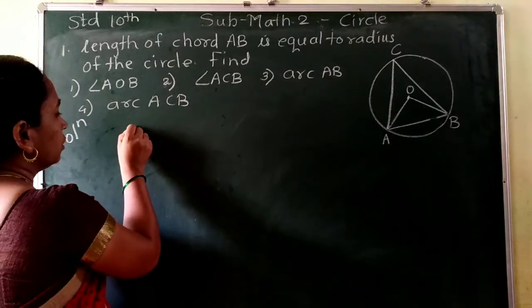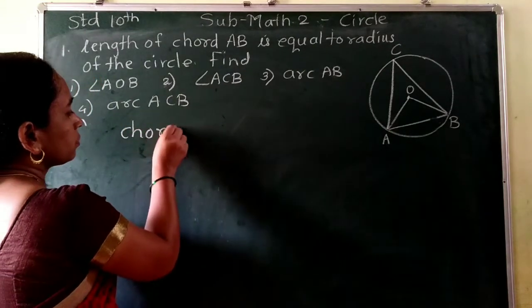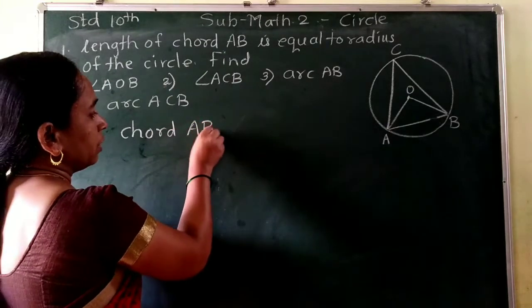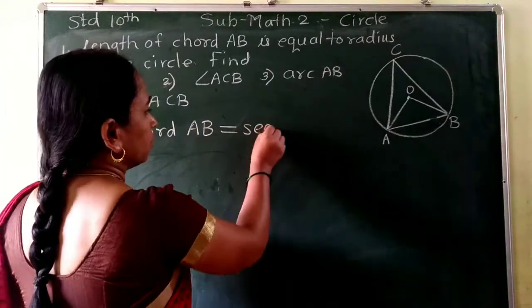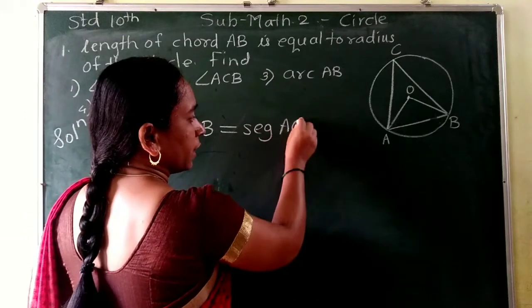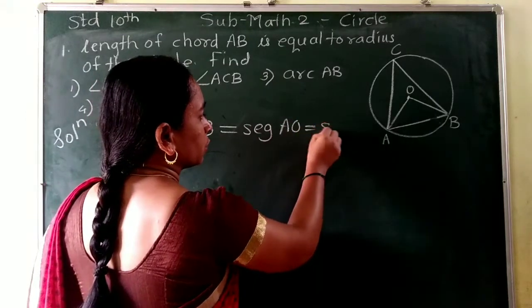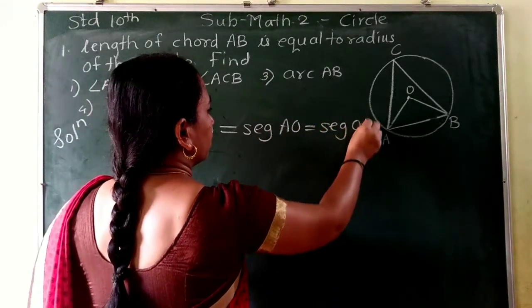So first, what is given? Chord AB is congruent with segment AO. These are the radius of the circle, equal to segment OB.